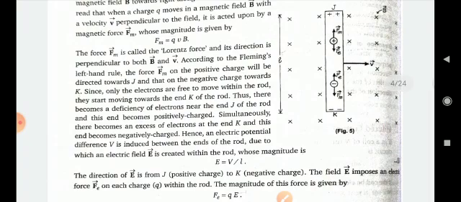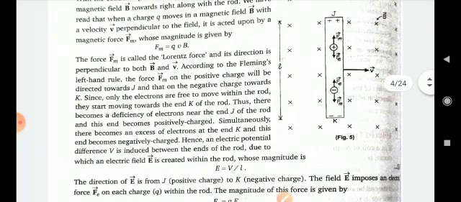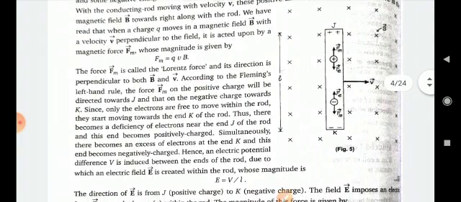Thus there becomes a deficiency of electrons near the end J of the rod and this end becomes positively charged. Simultaneously, there becomes an excess of electrons at the end K and this end becomes negatively charged. Therefore, a potential has been developed across the conductor.